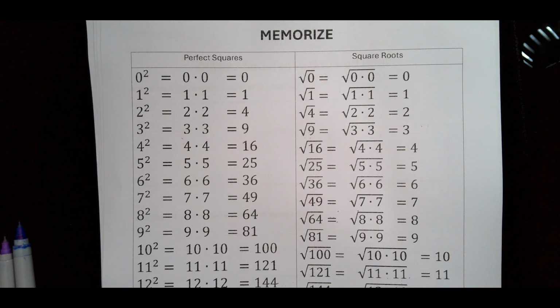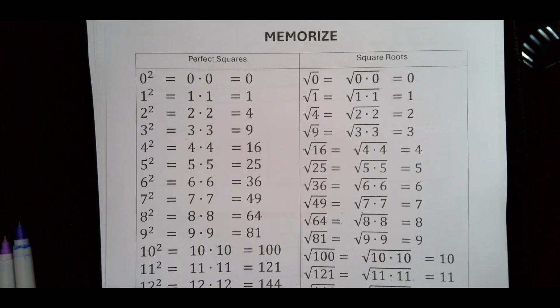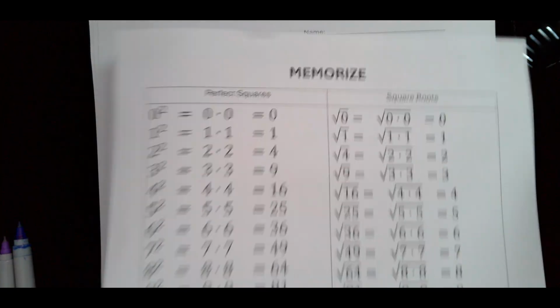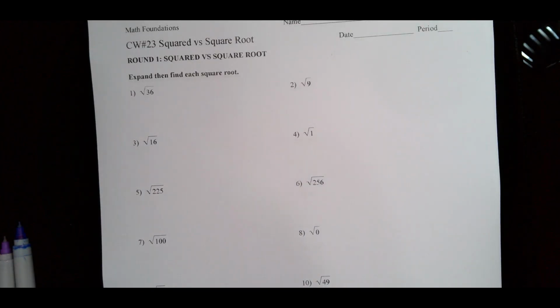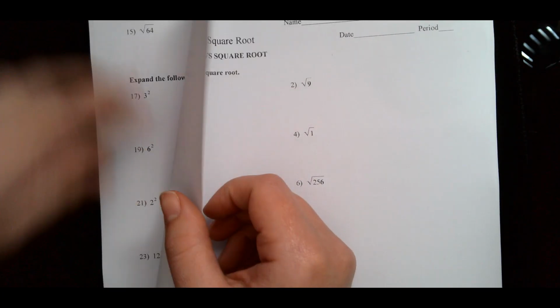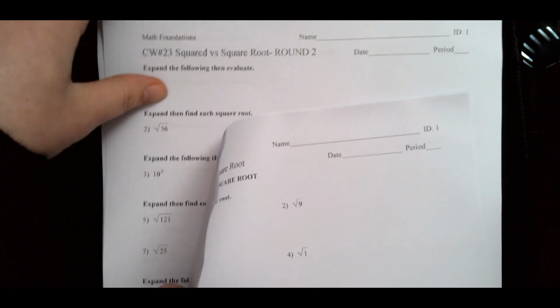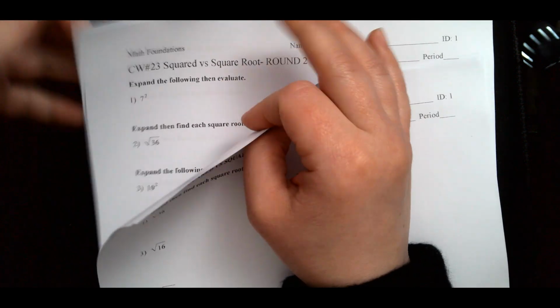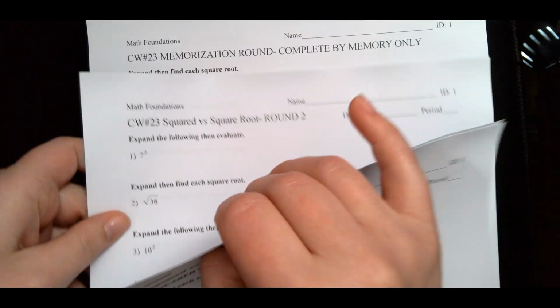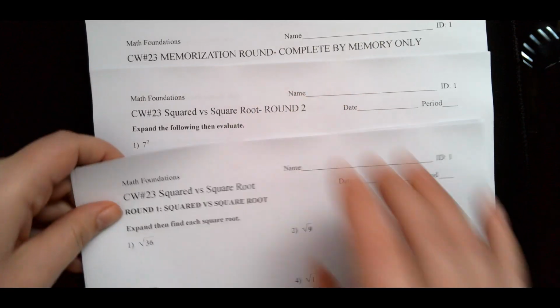For your classwork number 23, oop, that's not classwork number 23. There it is. You're going to have 3 rounds: round number 1, round number 2, and round number 3. I'm going to show all 3 of them.